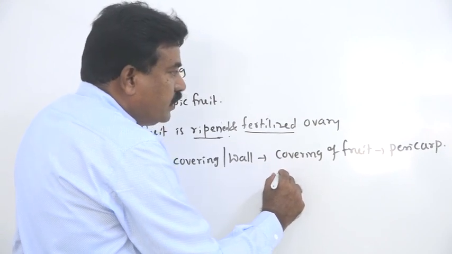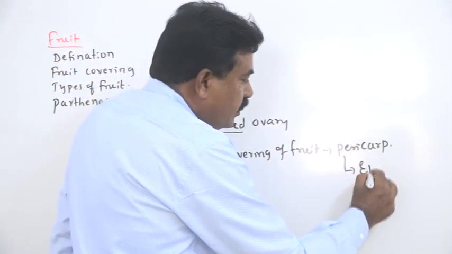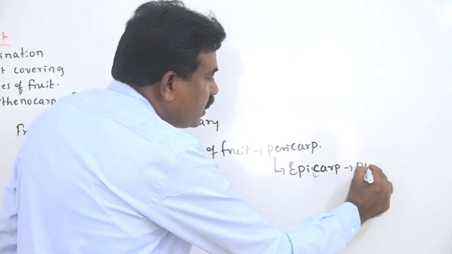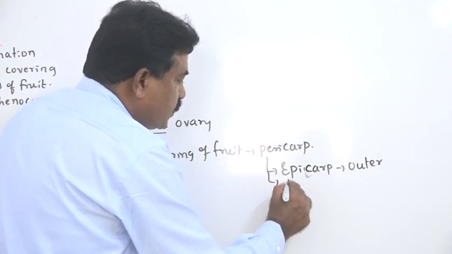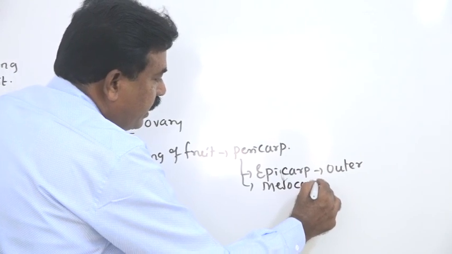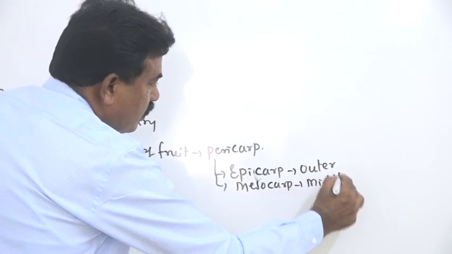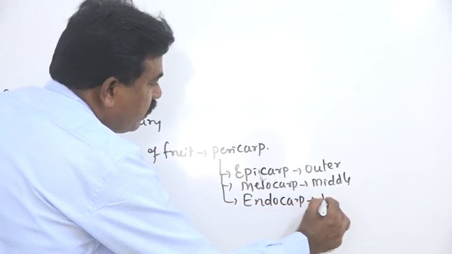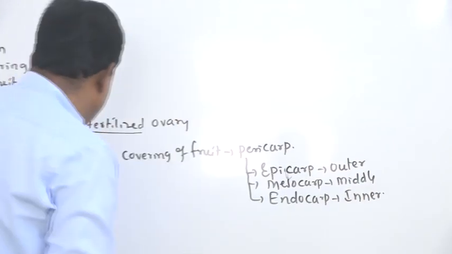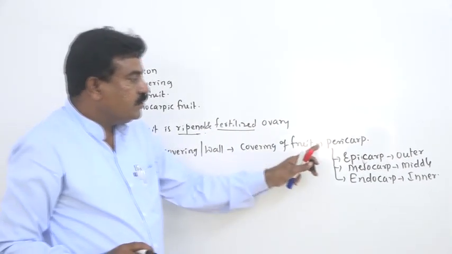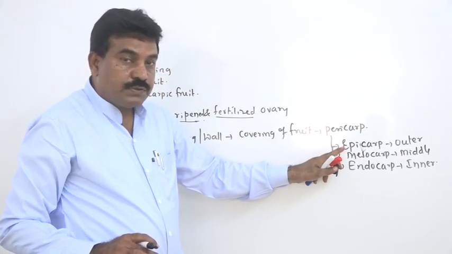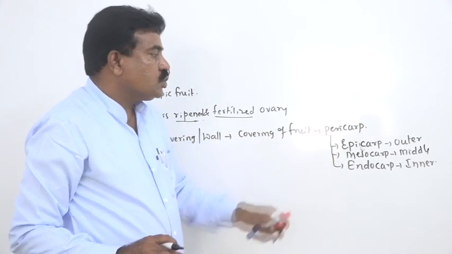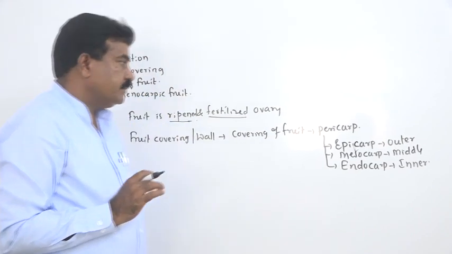This pericarp is divided into epicarp, the outer covering, then mesocarp, the middle covering, then endocarp, the inner covering of the fruit. All these three coverings together we commonly call pericarp.